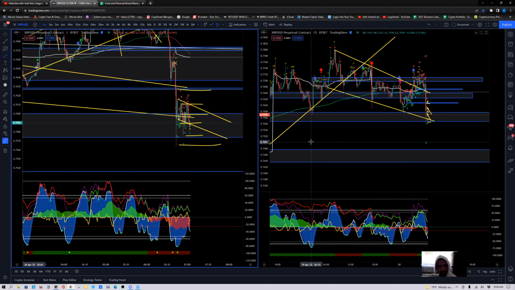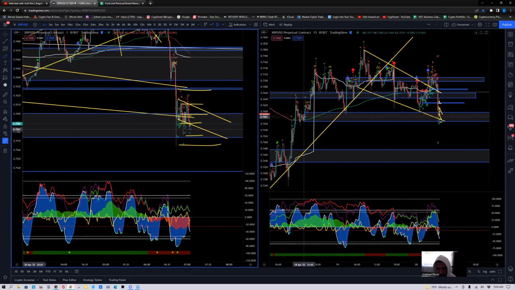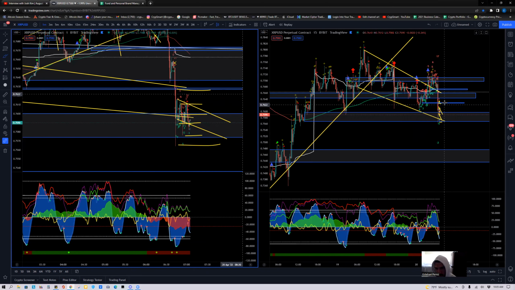Price is having trouble breaking down this demand zone right here. This zone, very strong. Just some buy orders there. Sell zones are above here, here and here.